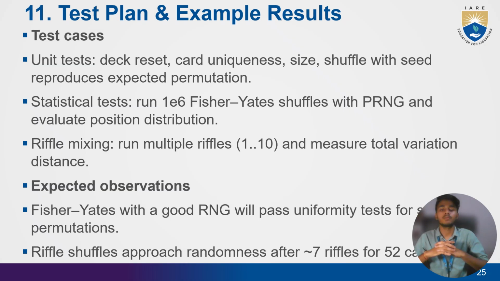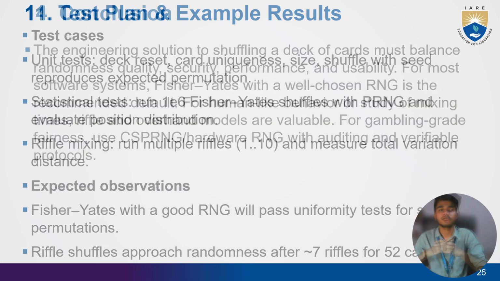Riffle mixing: run multiple riffles, like 1 to 10, and measure total variation distance. Expected observation: Fisher-Yates with a good RNG will pass the uniformity test for sample permutations. Riffle shuffles approach randomness after around 7 riffles for 52 cards.